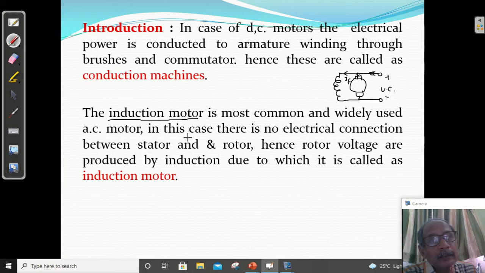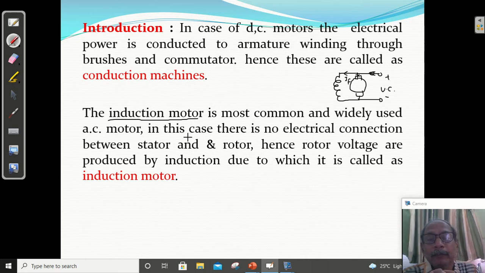The stationary part is called the stator, and the winding on it is called the stator winding. The rotating part of the machine is called the rotor, and the winding placed on the rotor is called the rotor winding. We are giving supply to the stator winding. If we give single phase supply, it is called a single phase motor. If we give three phase supply, it is called a three phase induction motor.